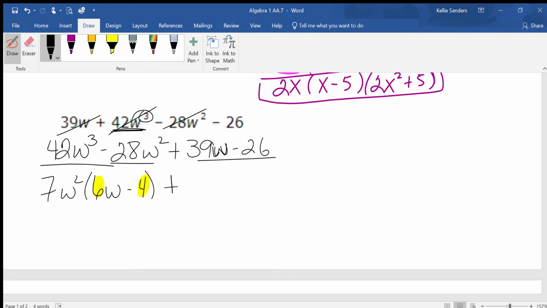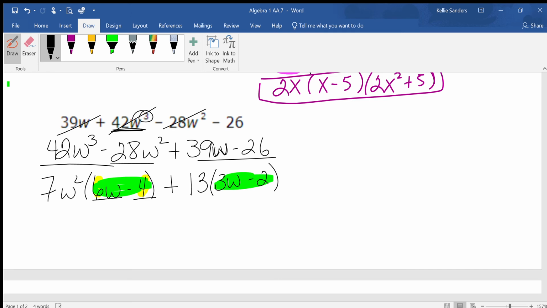Okay, 39 and 26, 13. 39 divided by 13 is 3. 26 divided by 13 is 2. And when we compare these, see these two things? They're not the same, and they're supposed to be the same. So that's another reason why I know that I messed up. And again, the reason that I know I messed up is because the 6 and the 4, they're both even.